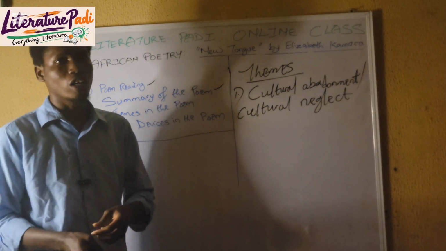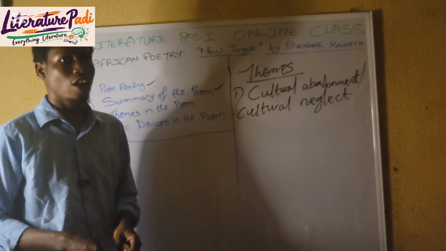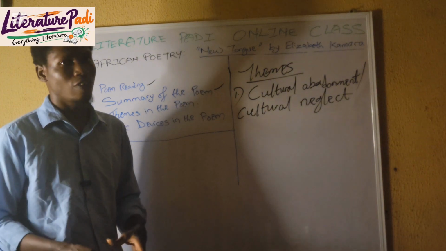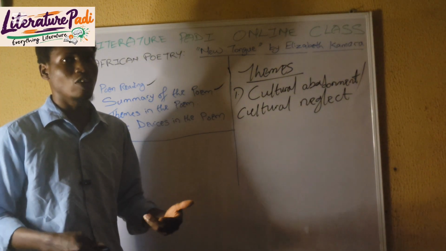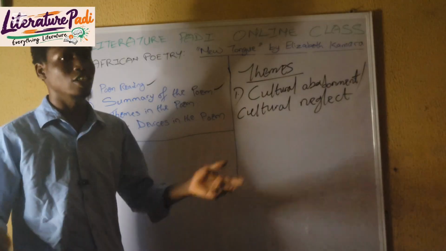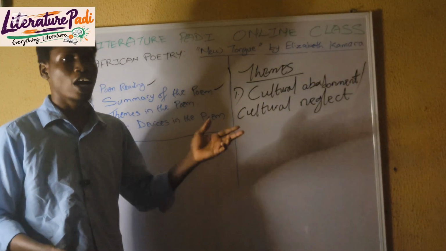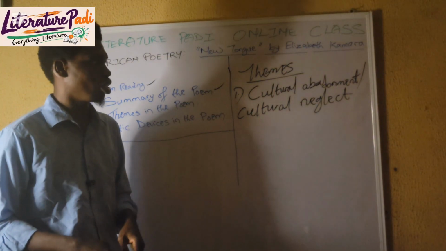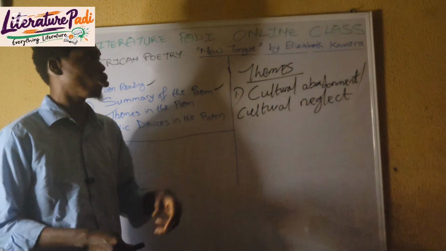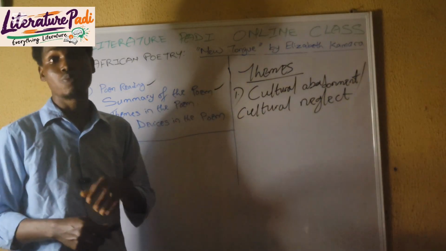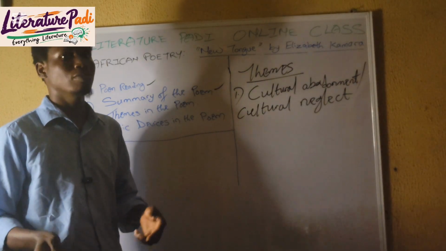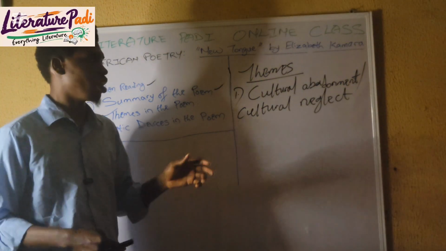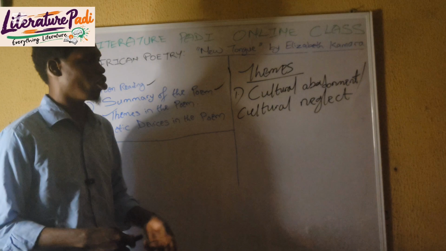So they have put a lock to their African identity and African background, everything that defines the African background. They are not interested in flying the colors of their African values. So they superimpose foreign ways over their ancestral ways. That's basically what we have for cultural abandonment.